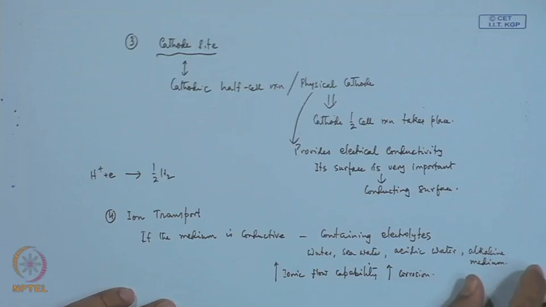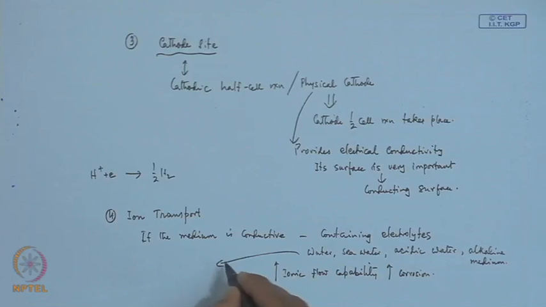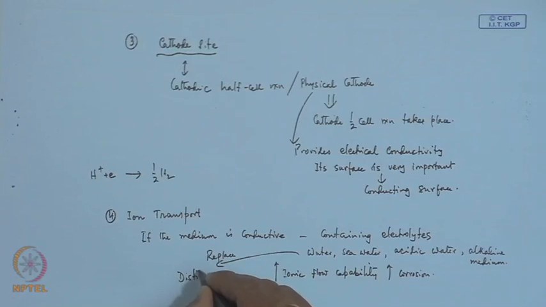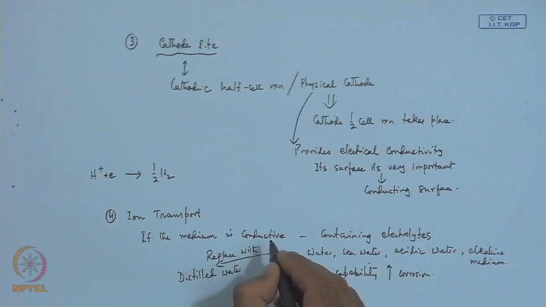Another important point: if you use distilled water with high resistance and low conductivity, and replace all this wherever needed with distilled water, then the corrosion rate is low.